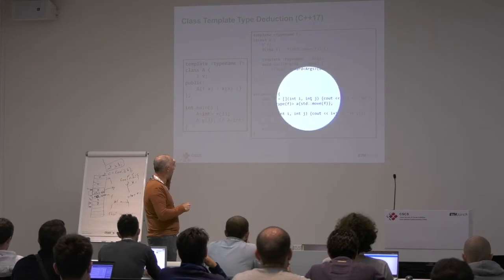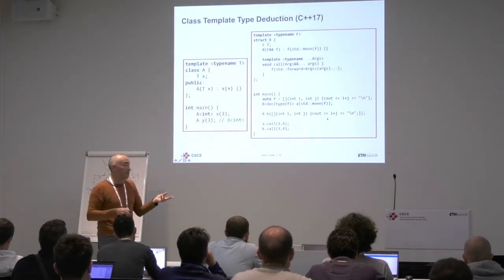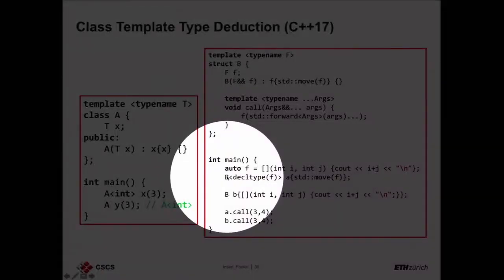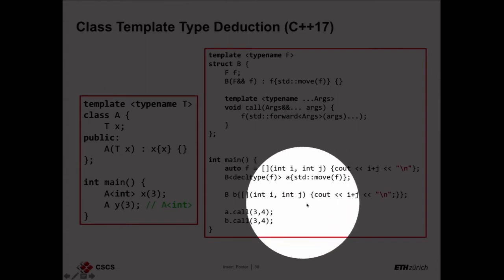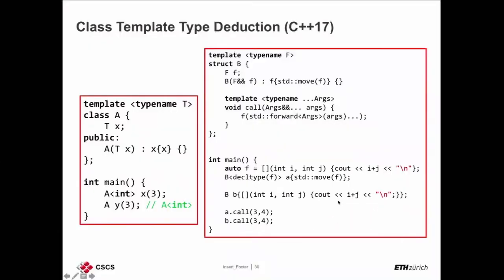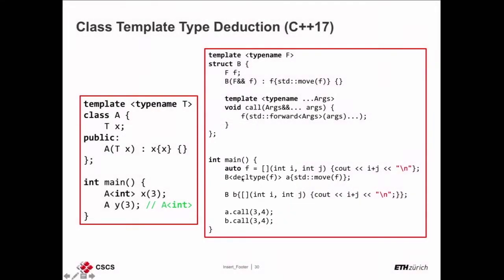This is the function. But now, what you should have done, if you want to pass that lambda to a class, you should have done B decltype of f, and a, and you want to pass the function in. The problem is that when you declare a lambda, the compiler will create a type for that lambda based on whatever rules the compiler has. So this type exists, like in C++, everything has a type, but you don't know what the type is.